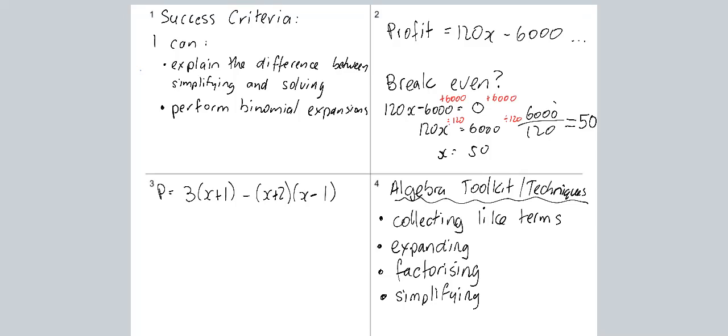So that's a simpler fraction, but it's the same value. So simplification does not change the value, but it's really hard to explain it without using the word simple, isn't it? But it normally takes an expression and makes it look a lot simpler. And we use techniques of expansions, factorizations, and collecting like terms to make it simpler.